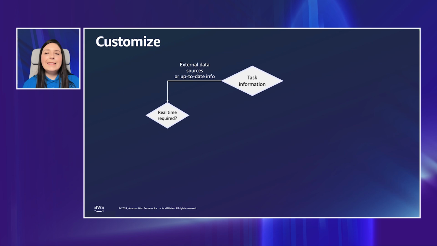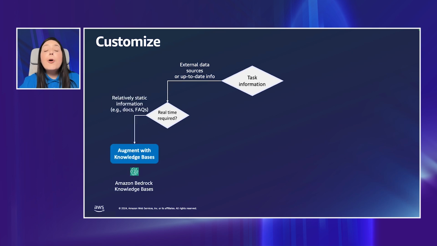If that's the case, then you need to think about the frequency of this data. Is it real-time data or is it more static information that you need? So if you need more static information, you can use knowledge bases. So you can use this semantic search from vector stores to search on documents, on FAQs, on wiki pages. So anything that you created embeddings and indexed in a vector database. And I will come to those terms pretty soon.